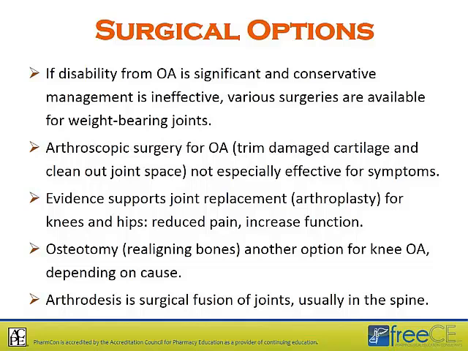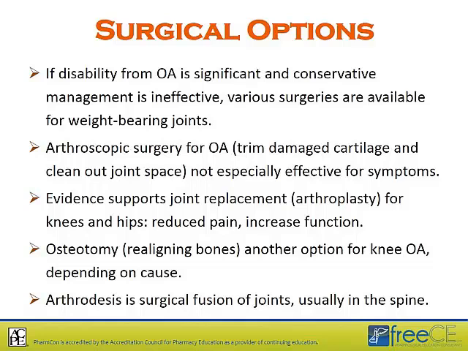Quite a bit of evidence supports joint replacement therapy or arthroplasty, especially for the knees and hips. These replacements can often significantly reduce pain and increase function. Osteotomy, which is a realigning of bones, is another option, especially for knee osteoarthritis, but it depends on the cause of it.